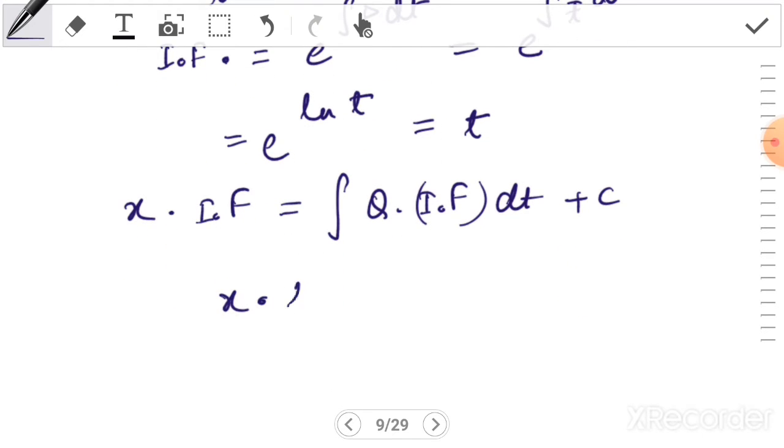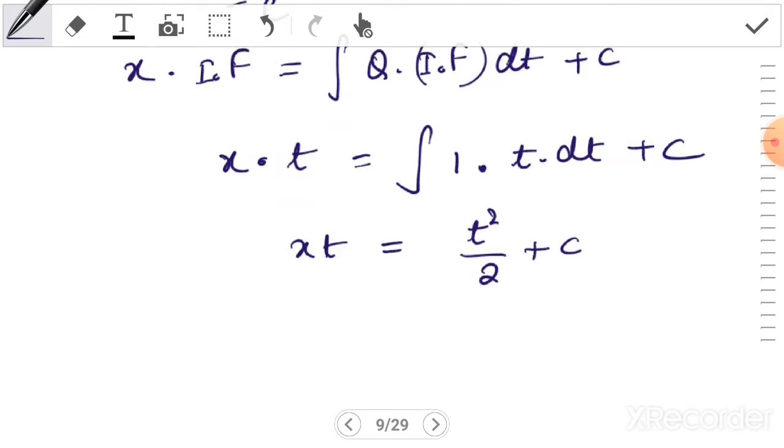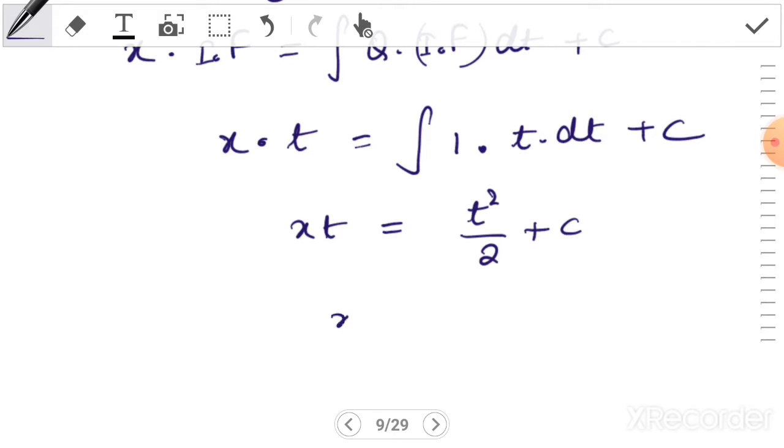So x times t is equal to integral of q is 1, t times dt plus c. So xt is equal to t square by 2 plus c. Now x is equal to t by 2 plus c by t.